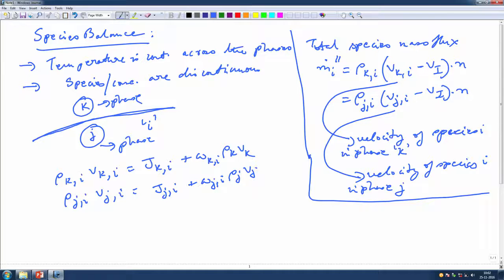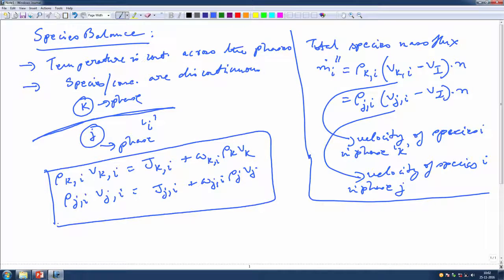So, this is the velocity that has a diffusion component, obviously. That is a diffusive flux, as you know, j is always the diffusive flux. So, the velocity of species I in phase K is represented in this particular fashion.